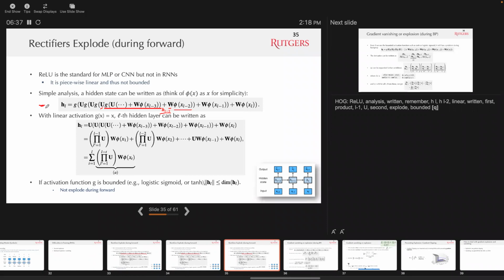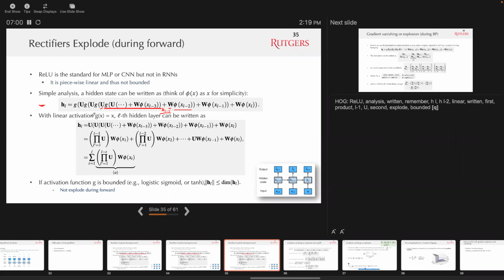Before I move on, I want to see if there are any questions about this particular equation. Does it make sense? A lot of our analysis is going to be based on this equation. Okay. So now let's move on to see what's going to happen.